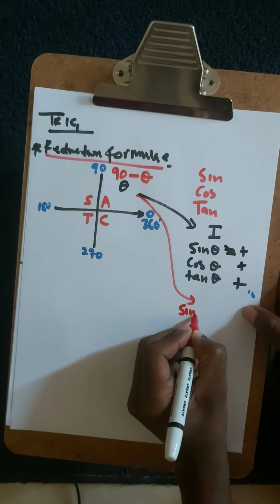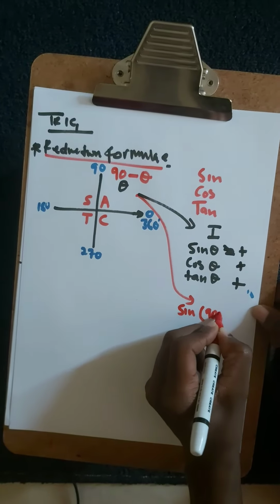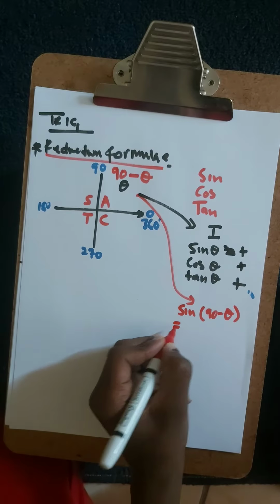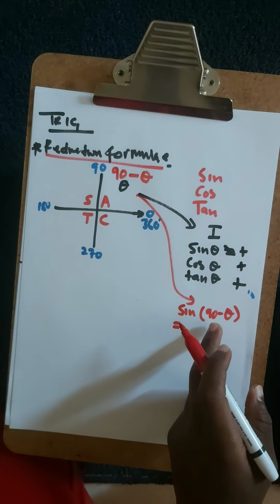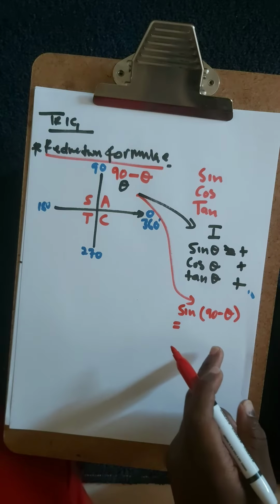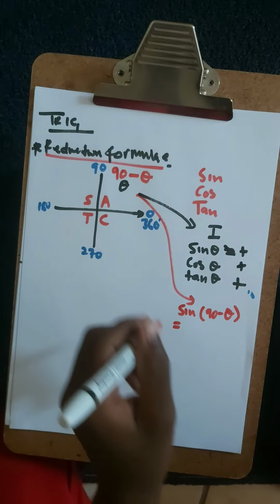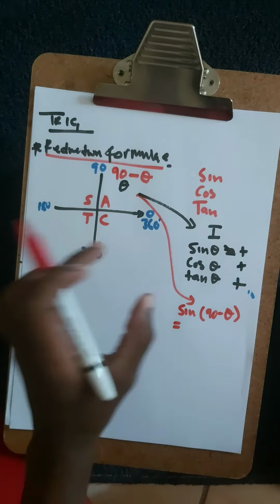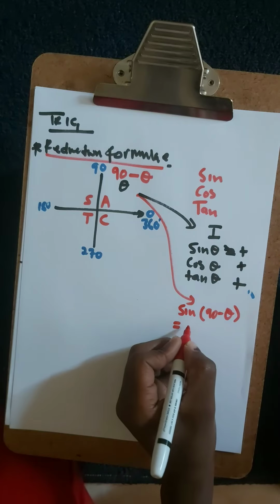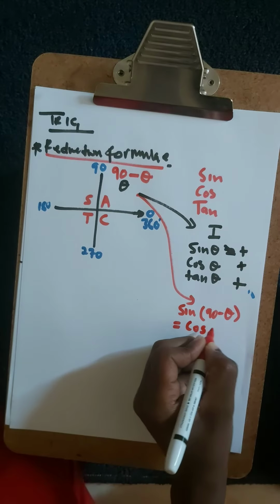When I have sine of 90 minus theta, when we want to reduce from sine, when we are using 90 degrees minus theta, what we do is we say sine and cos are co-ratios. So sine here changes to cos. So when we reduce, you have cos of theta.